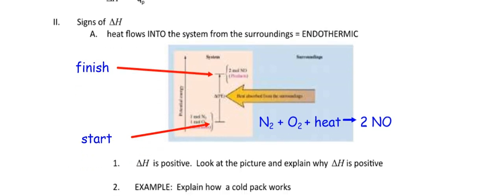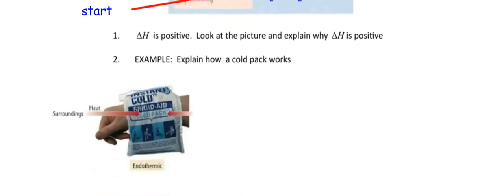It says, explain how a cold pack works. You've already seen this, really. A cold pack has 2 pouches in it. One of them has water and one has typically ammonium nitrate or a similar compound, but ammonium nitrate is very common. When you punch the bag, you break those 2 inner bags open so the water is allowed to mix in with ammonium nitrate. You're breaking the attractions between the ammonium and the nitrate.